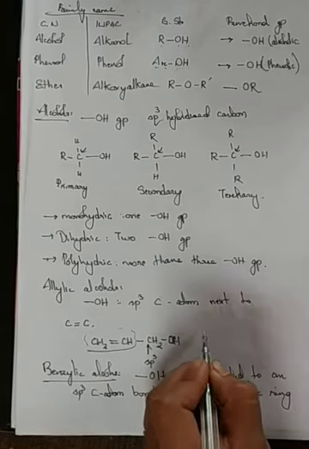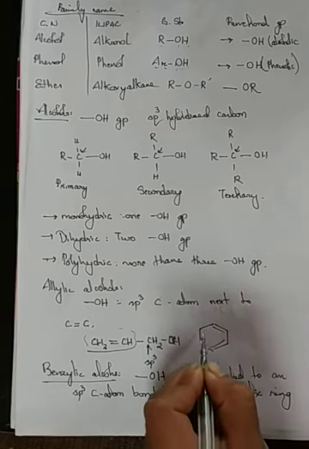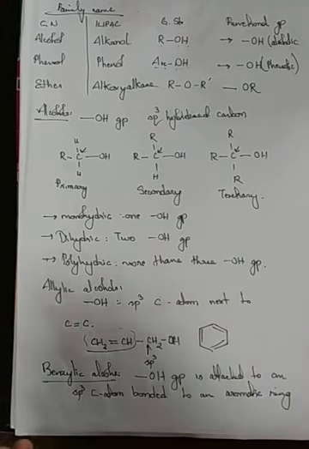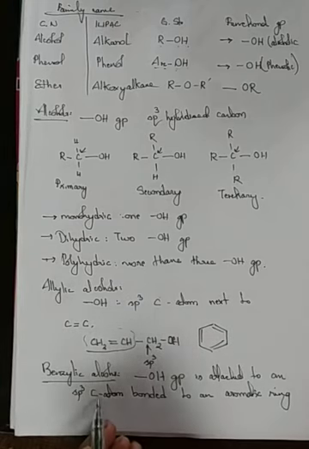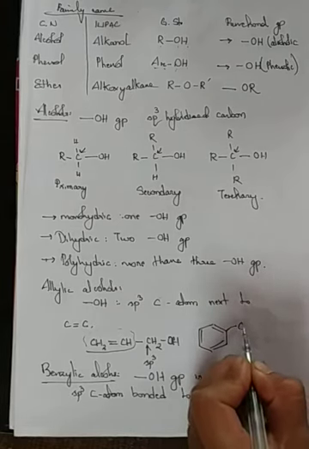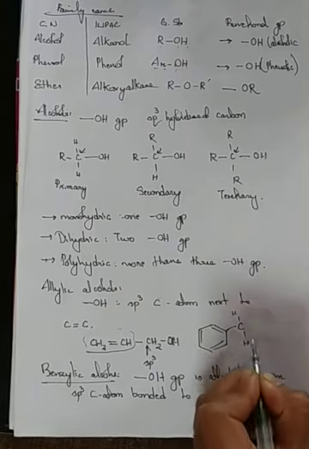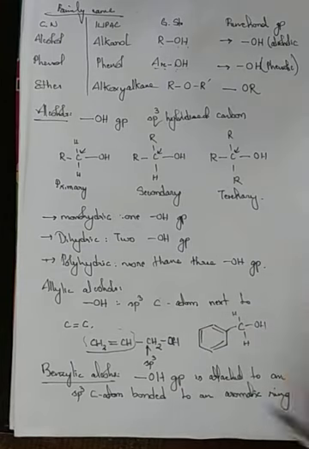Let me write the example here. We have our benzene ring. We know that all the carbon atoms in the benzene ring are sp2 hybridized, but here our OH group should be attached to an sp3 hybridized carbon atom. Therefore, if I put a carbon atom with OH, this is known as a benzylic alcohol.